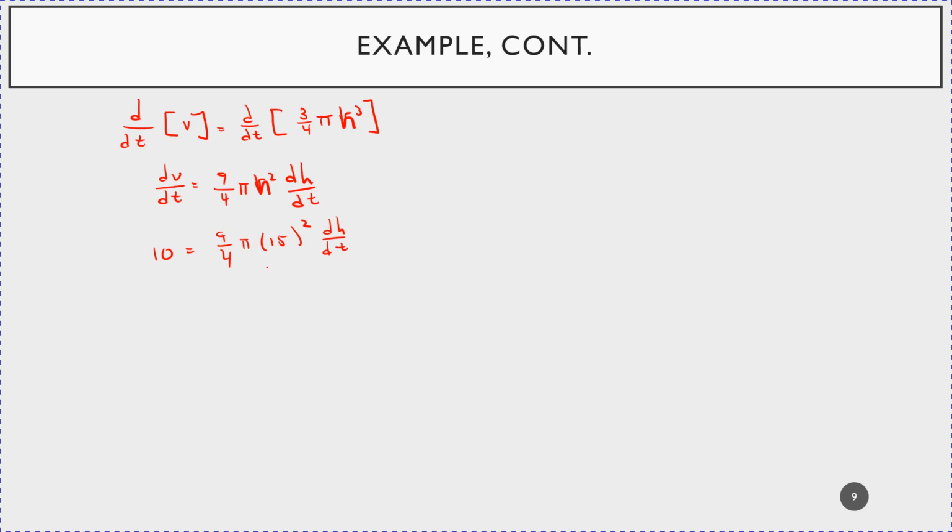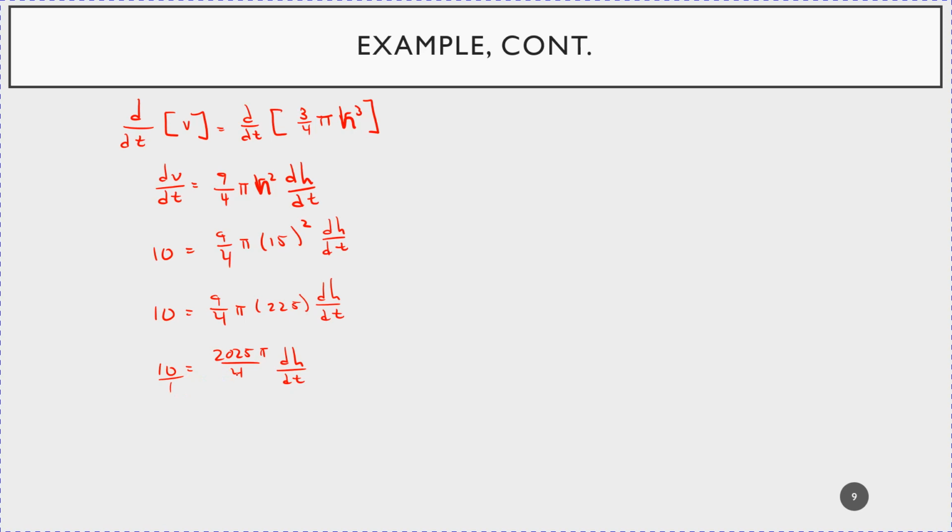So now I just have to solve for dh/dt. It's very simple. 10 is equal to 9/4 pi times 15 squared, which I believe gets you 225, and then you have dh/dt. 9 times 225 ends up being 2025 pi over 4 times dh/dt. Then you're just going to multiply both sides by 4 divided by 2025 pi, or think of it as cross multiplying.